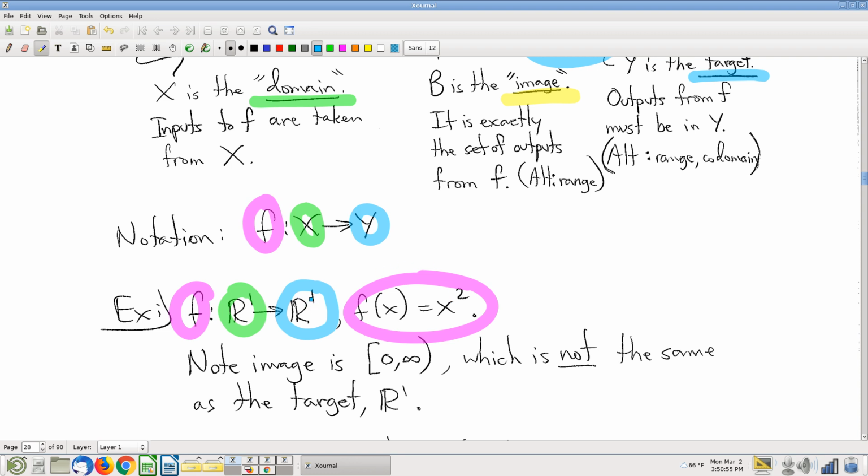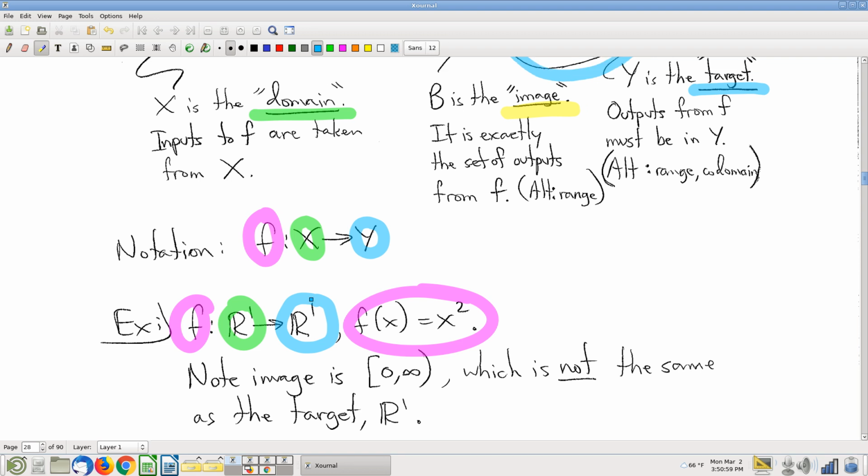Now, that said, it will be a real number, but it can't be just any real number. In fact, I happen to know some things about this formula. It will always produce a non-negative number. That's fine.